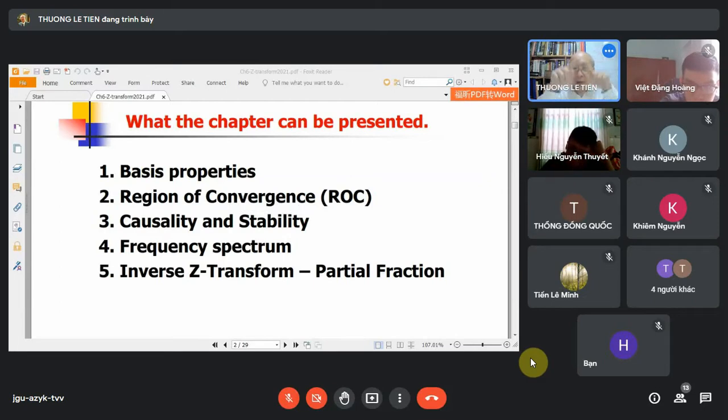How can we sketch the magnitude and phase response of the function? Hmm? How? Try to remember.